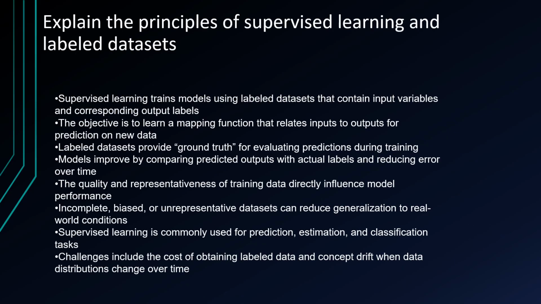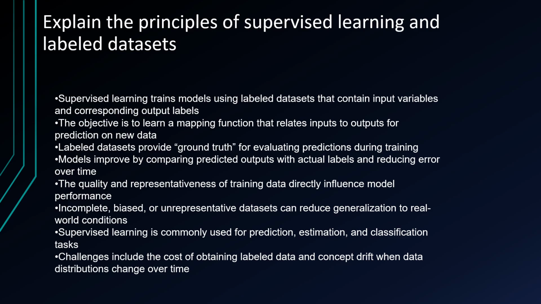Let us now begin examining the core principle of supervised learning and the role that labeled data sets play within the machine learning process. Supervised learning is one of the most widely used approaches in artificial intelligence because it provides a structured framework for teaching models how to make predictions using historical examples.